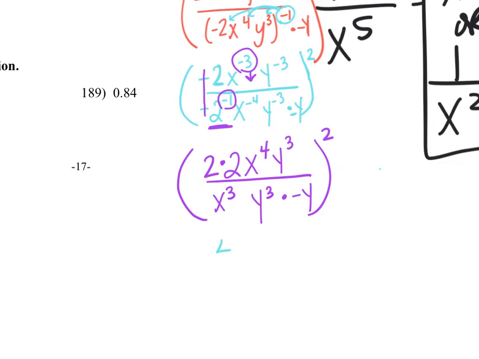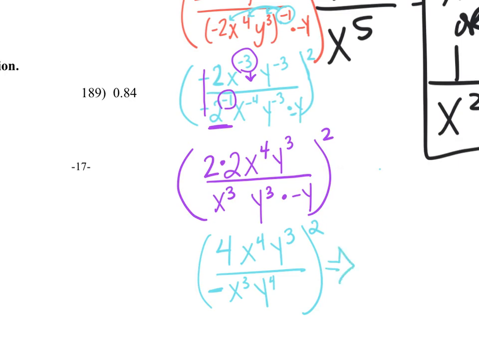Okay, so I get 4x to the fourth y third over x cubed y to the fourth, and I'm going to add a negative right here, squared. I'm going to do an arrow.